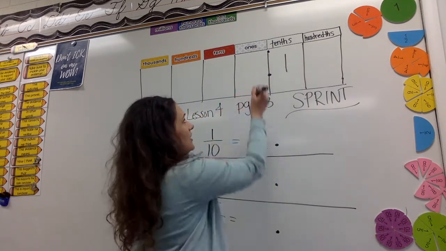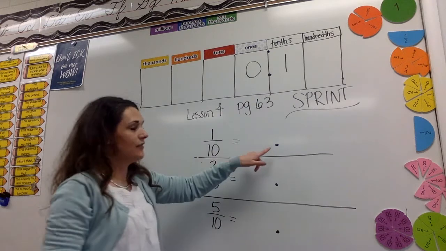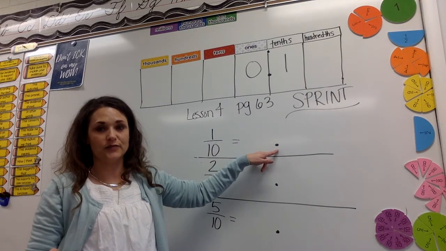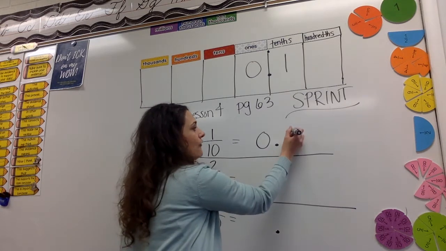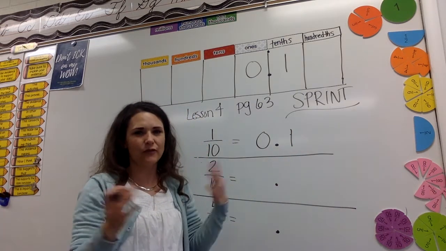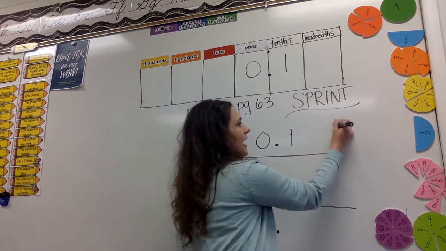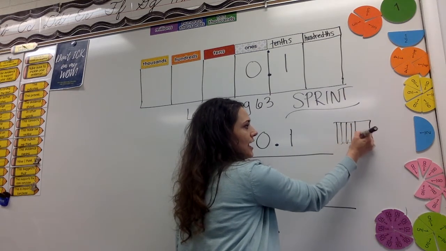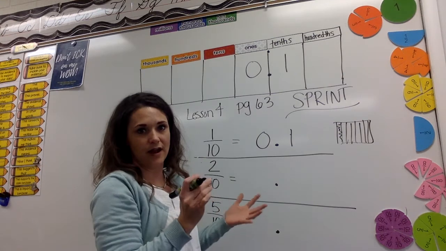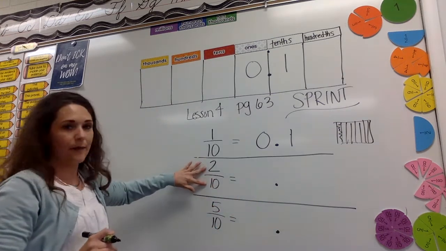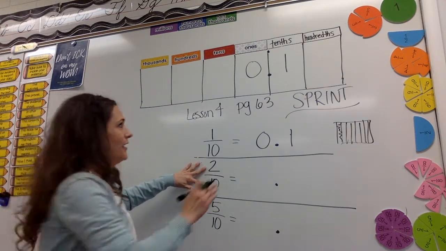We have nothing in our ones, so we would write this on our sprint as no whole numbers, right? But we have 1 out of those tenths. If we drew a picture of that, we'd have our little square and we'd have our 10 little pieces and we'd have 1 of those pieces filled in, right? Okay, so then what happens if we have 2/10? Well, same thing.